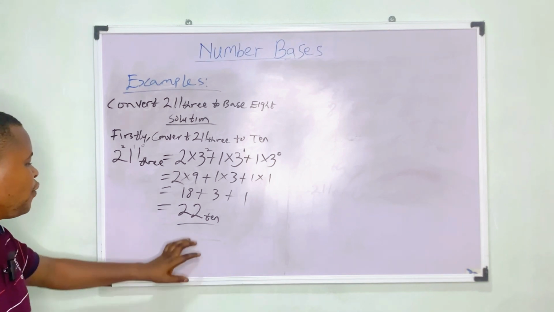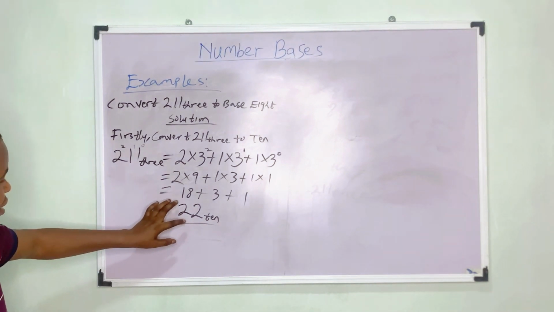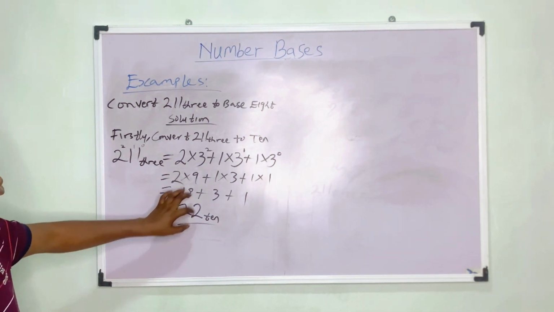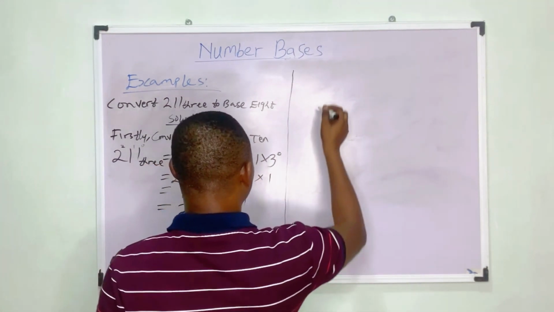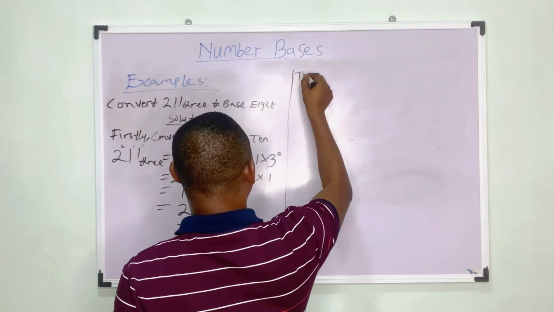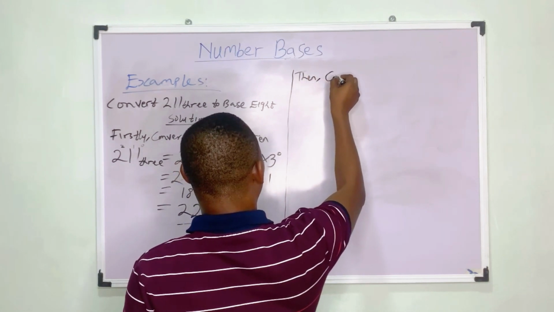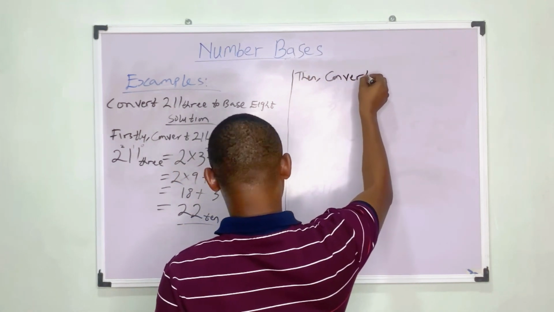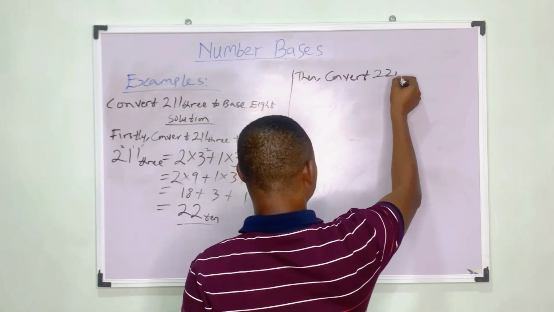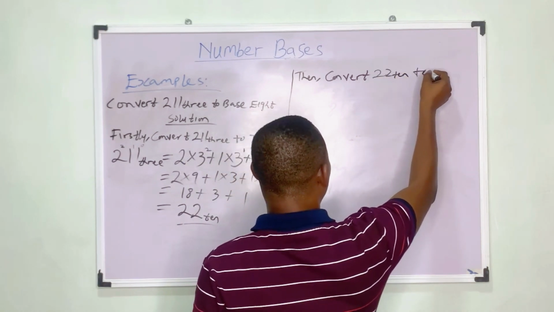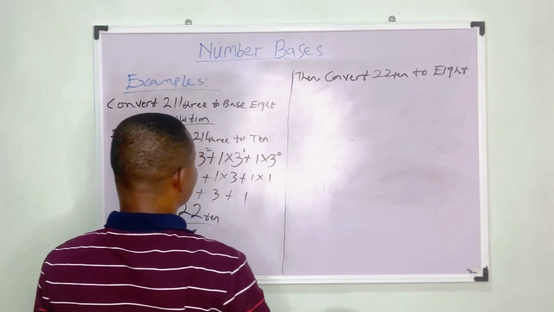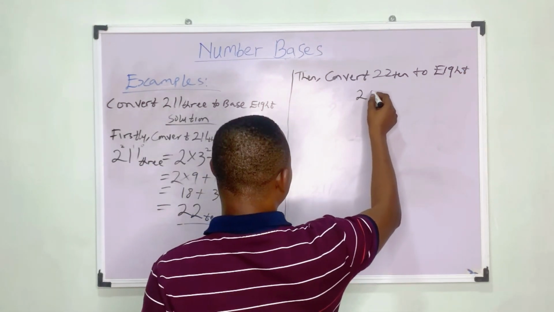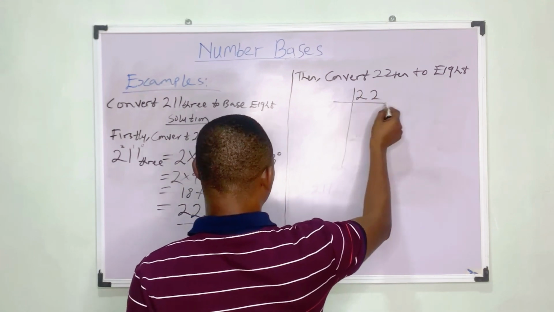Now, moving forward, we have to convert this base 10 equivalent to base 8. So then convert 22 in base 10 to base 8. All right. So don't forget the long division method that we do follow.